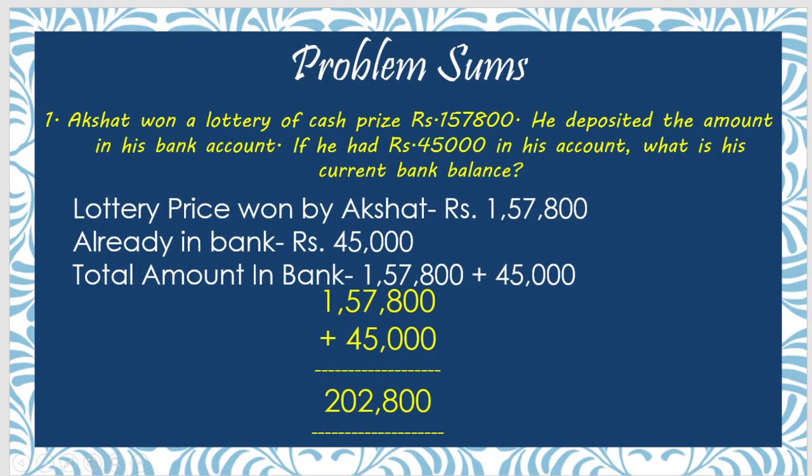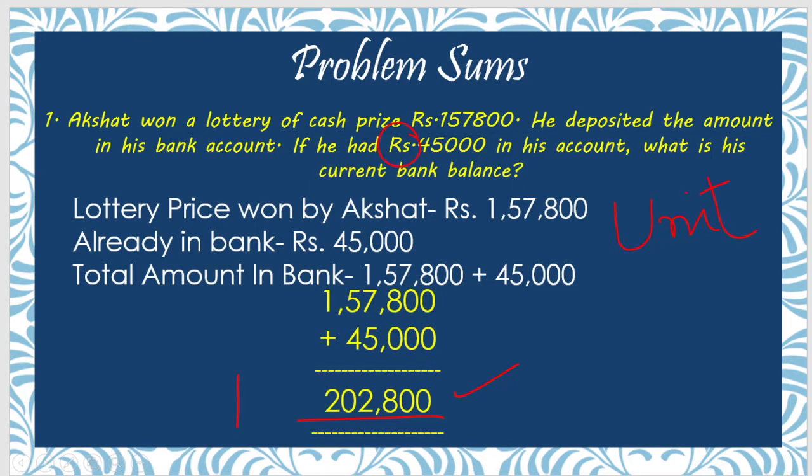And the major thing where children make a mistake is that they don't write the unit. What does this number stand for? Is this 2,02,800 chocolates or what? The unit for this is rupees.